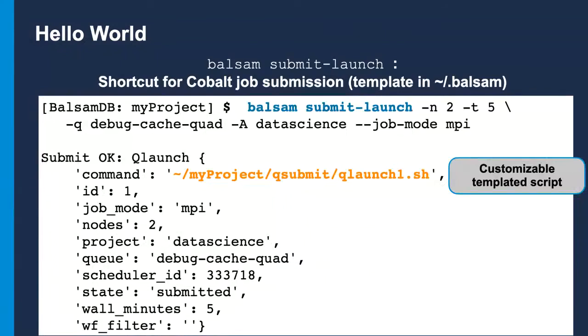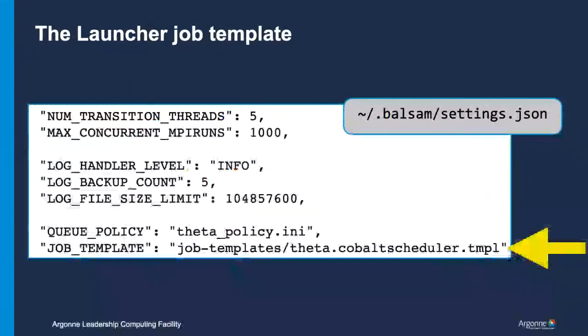So suppose that you wanted to change how we are setting up our job environment, perhaps setting some environment variables that we want to be globally available in our run. We can do this by referring to the file that's set in our job template under the Balsam settings in your home directory. So in this case, this is going to be preset on Theta to this theta.cobalt scheduler file.